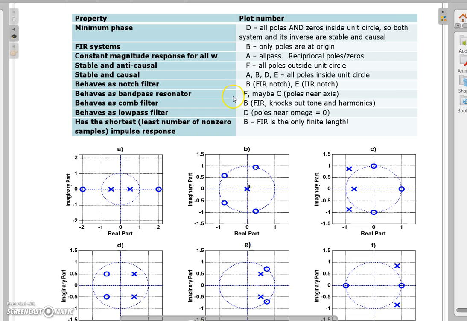A bandpass resonator, what we're looking for here, we want poles. Bandpass resonator means that at some frequency, generally not the highest or the lowest, because then it would be low pass or high pass, but in the middle, we have a pole resonating near the unit circle. This gets a little more open to interpretation, but here we have poles relatively close to the unit circle.